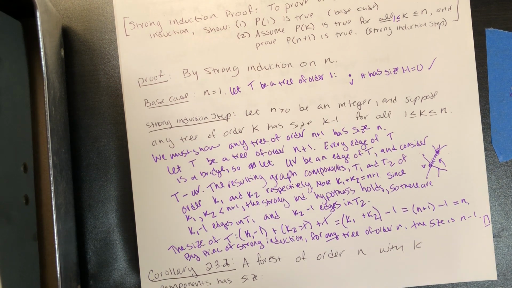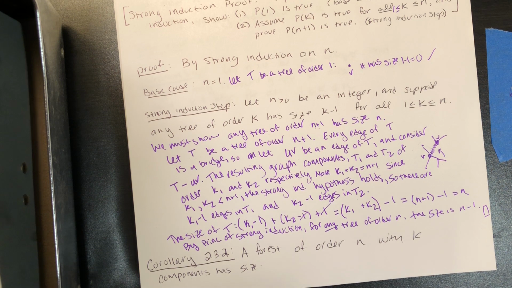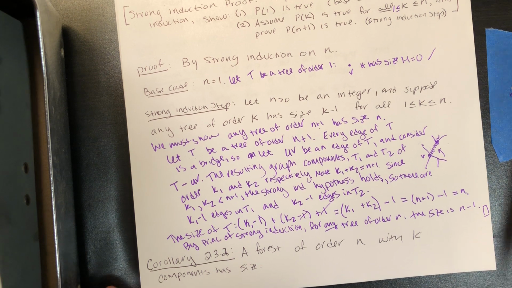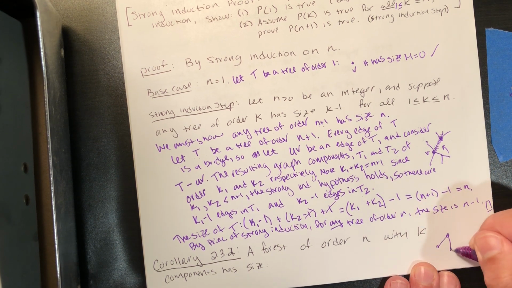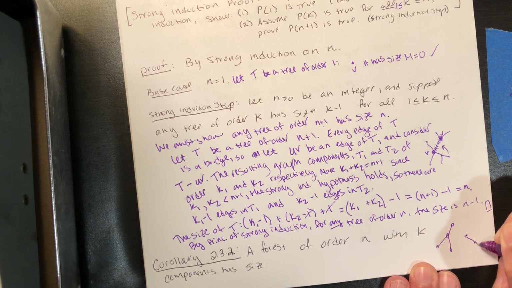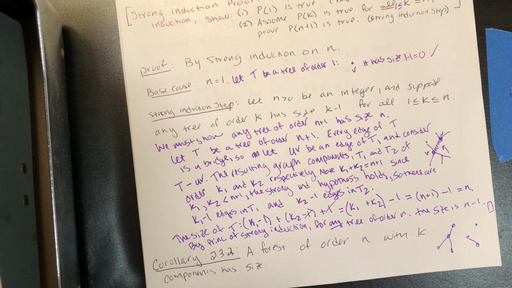Now we can extend that to the broader class of forests. A forest is sort of like a tree in that it has no cycle, but it doesn't have to be connected, and that gets us Corollary 2.3.2, which says that a forest of order n with k components has size, well, what would that be? So one way to think about it would be, let's maybe just draw a picture. Okay, so here's my example.